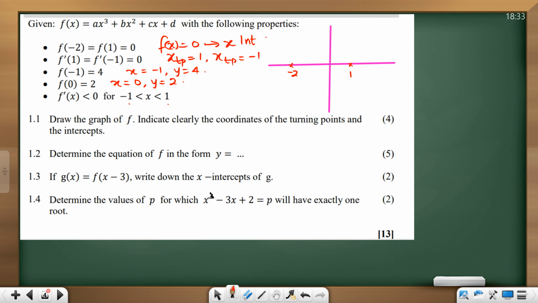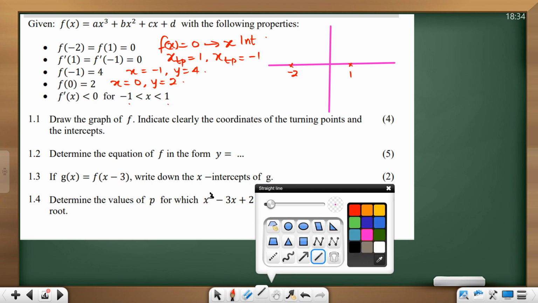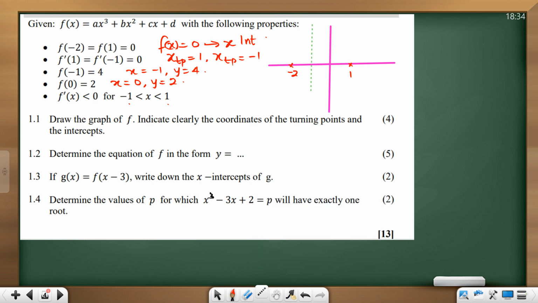Where's my graph turning? 1 and negative 1. Do you know what I'll do? I'll take a pencil and just draw. What happens? It must turn there.